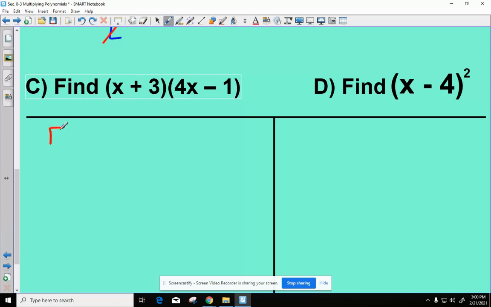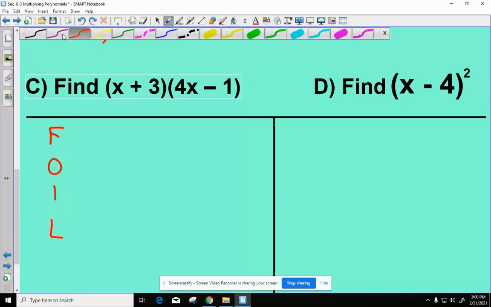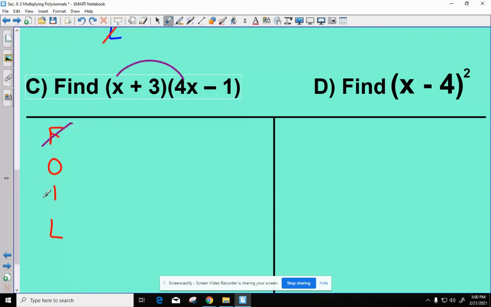So FOIL. First terms, x and 4x. That is 4x squared. O, outer. That is an x and a negative 1, so that is negative 1x.